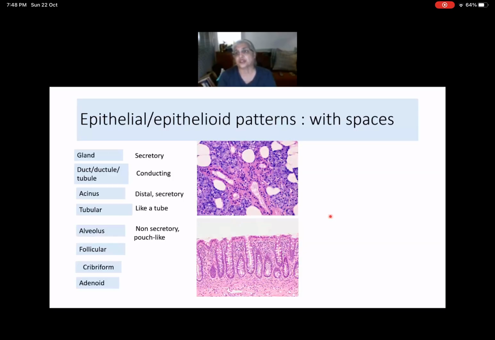All right, now let's come to alveolus. What is an alveolus? You know that we have alveoli in the lung. They're non-secretory pouch-like structures. You know that an alveolus is an end structure that is like a pouch. Do you know why we call the alveolar mucosa the alveolar mucosa?